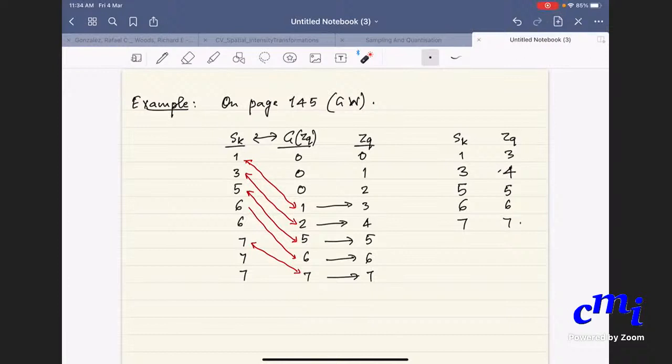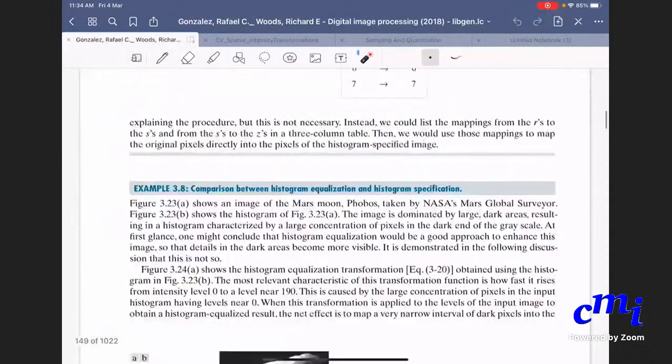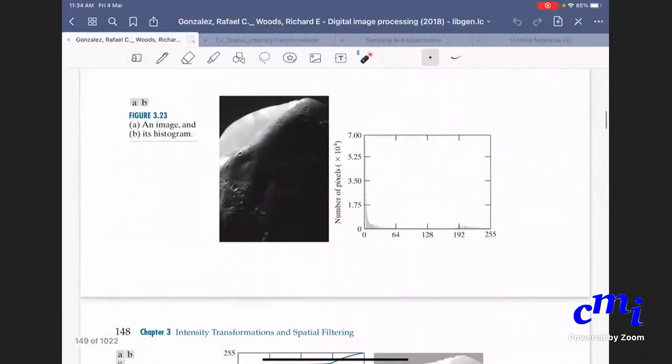This is an example of histogram matching. If you want to see the results of histogram matching, there is an example here. This is the original image, and its histogram is like this. This histogram shows us that most pixels are crowded in the lower intensity levels, and there are very few pixels in the lighter intensity levels.